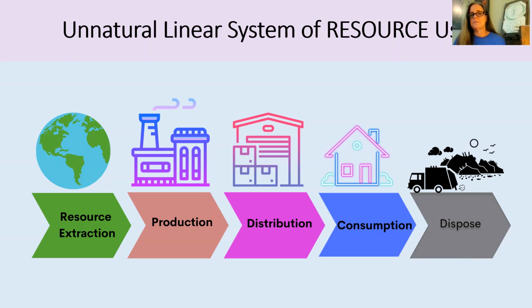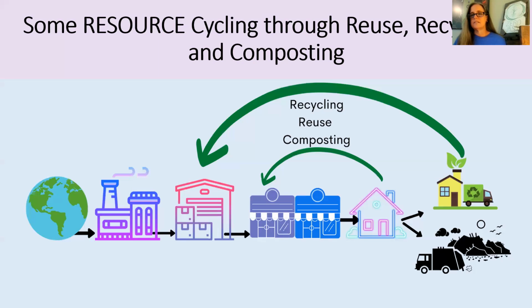This is not a really good example of reuse or recycling of resources or energy, nutrients, anything. So what we really want is a little bit of this. This is how we do a little bit of recycling and reuse and composting. A little bit of our stuff does get back into production to make new products and packaging, but it's still not fully like nature.